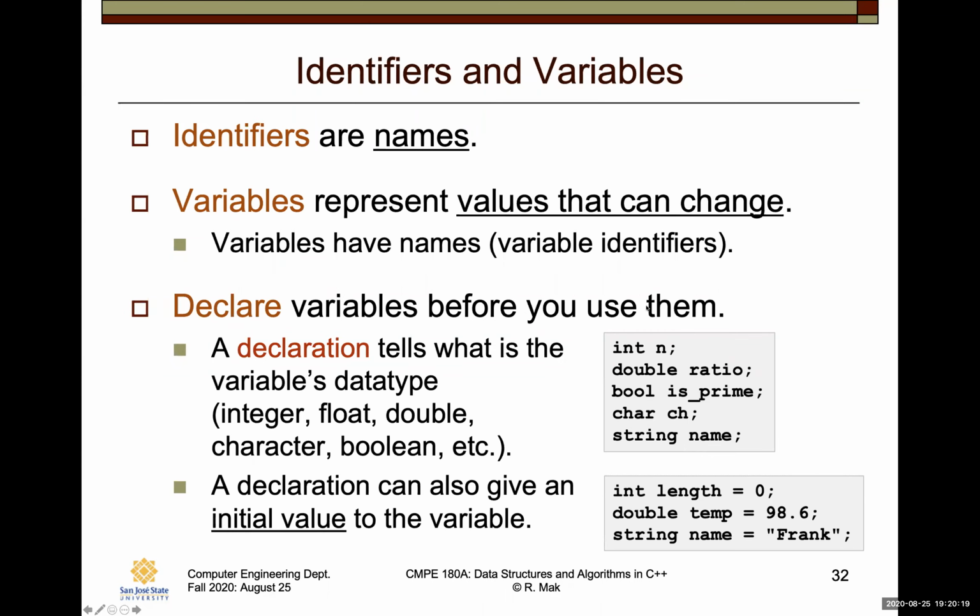So these are declarations. Now, when you declare a variable, you can also initialize it to its initial value. And so here are some more declarations where not only have we declared the variable, we've also given each variable an initial value. So those are variables, and that's how we declare them.